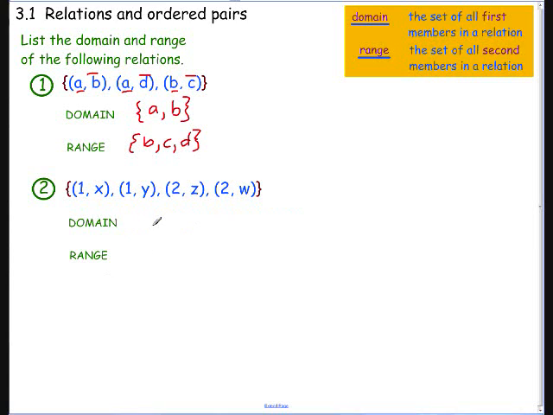How about this one? The domain is 1, 2, and the range X, Y, Z, and W. So I would say W, X, Y, Z.